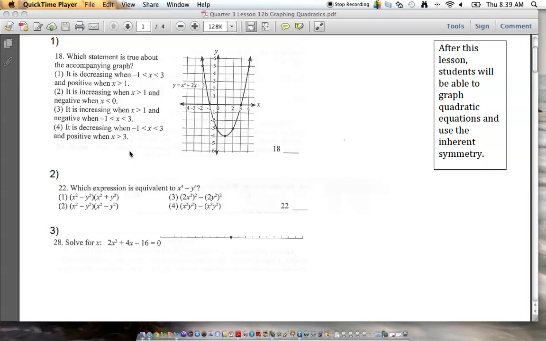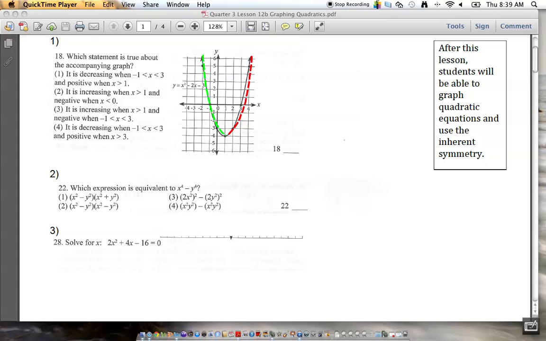All right, well, let's see. The graph itself is going to be decreasing, because that seems to be what they're talking about, from here to here. And then it's going to be increasing from here to here. So let's take a look at these choices now.